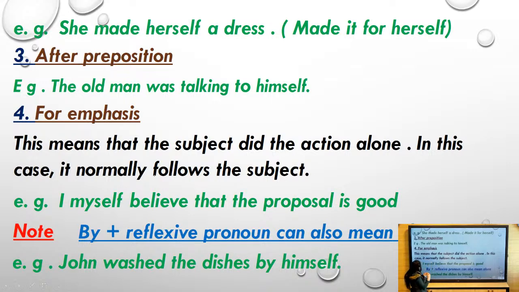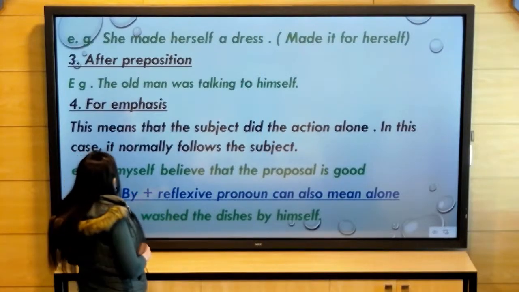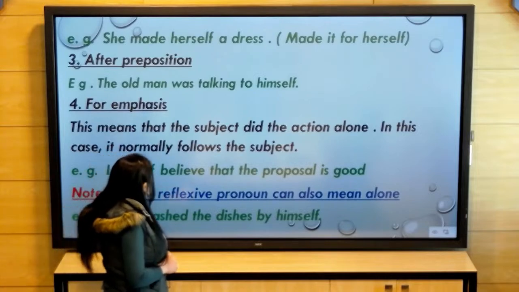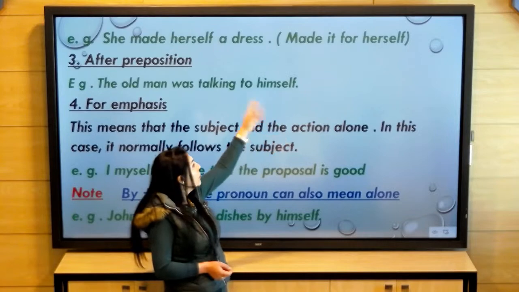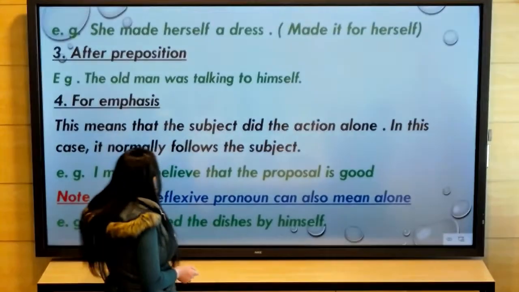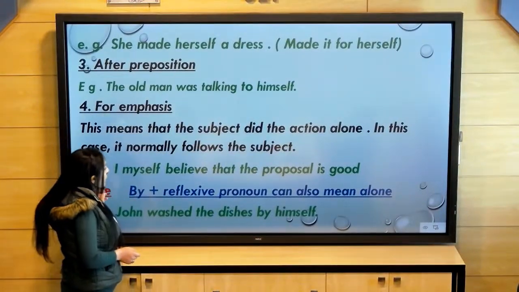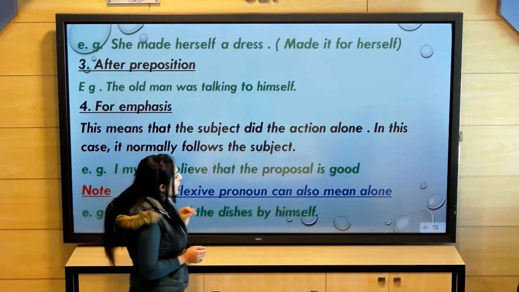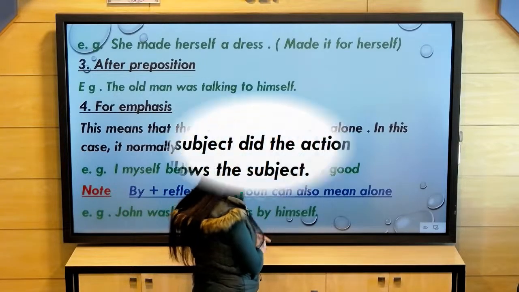3, after a preposition, they are also an object of a preposition. Like, the old man was talking to himself. Here they follow the preposition. Also for emphasis, this means that the subject did the action alone. In this case, it normally follows the subject.